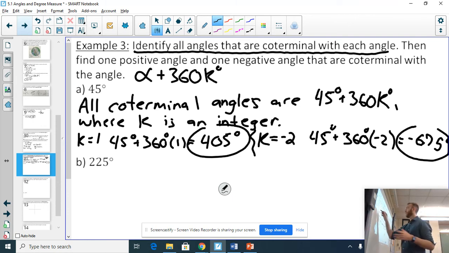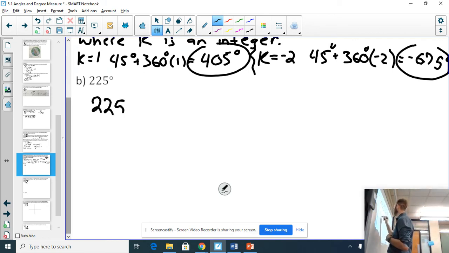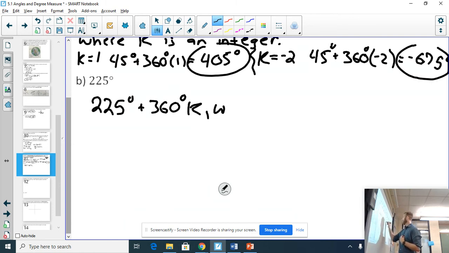And now we just do the same exact thing for 225 degrees. So 225 degrees plus 360 degrees times k, where k is an integer.